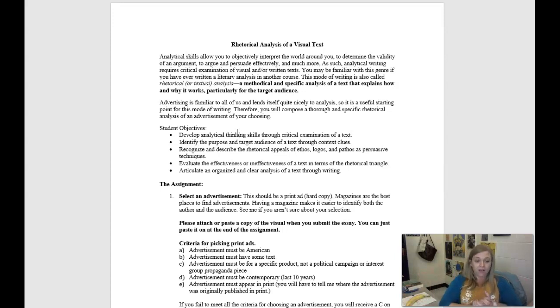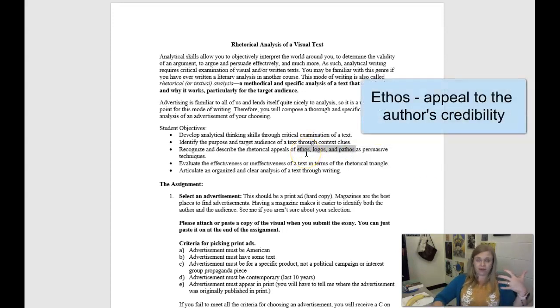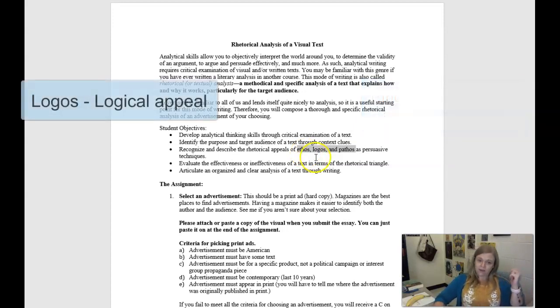So, author, audience, purpose, and then we're going to look at the rhetorical appeals, which are ethos, pathos, and logos. I'm going to do them in this order here. Ethos is the appeal to credibility. So we look at the author and we say, do I trust them? How reliable are they? And then logos.